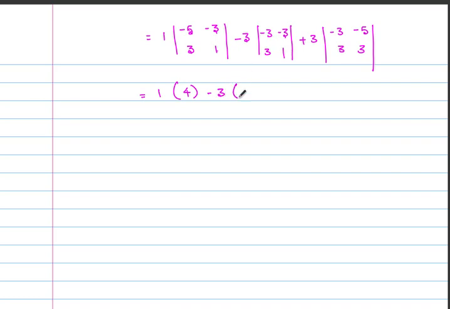You get minus 3 times minus 3 plus 9, plus 3 times minus 9 plus 15. So you get 4 minus 18 plus 18, and this becomes 4. The determinant of A is 4, that is our S3.